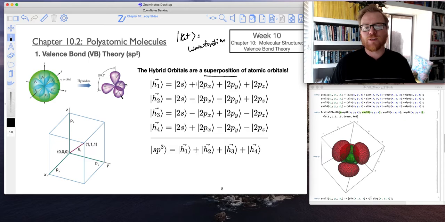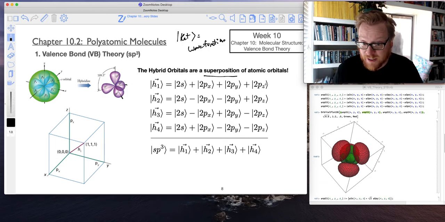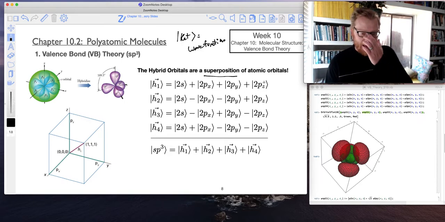And if we were to now look at the sign, we've created this superposition with all positive elements in our basis set.